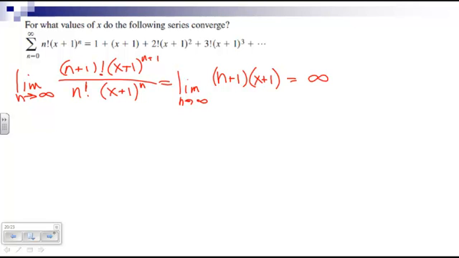I agree. Well, infinity is always greater than 1.